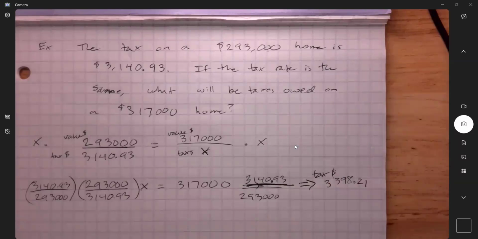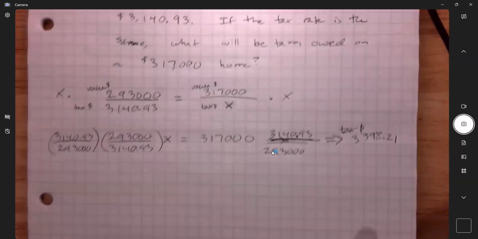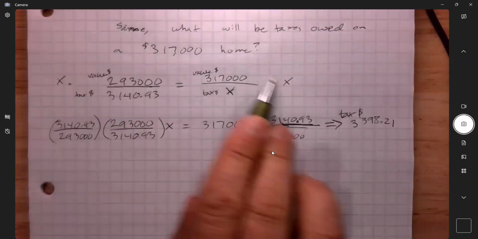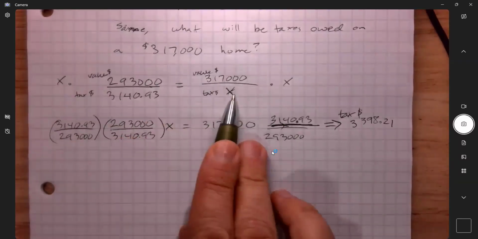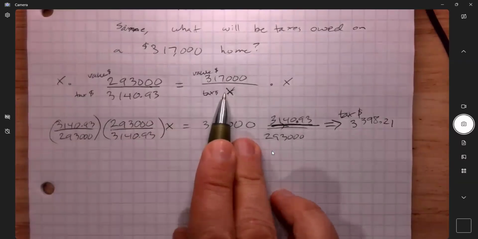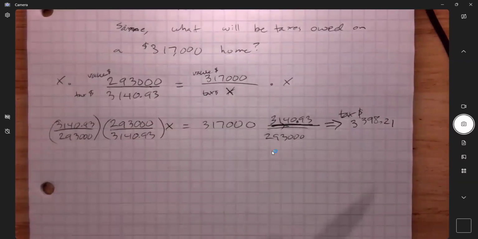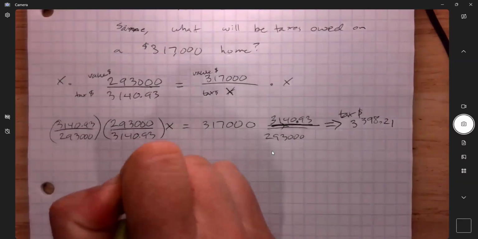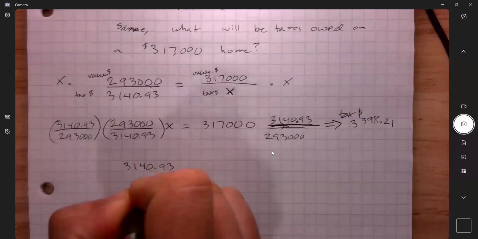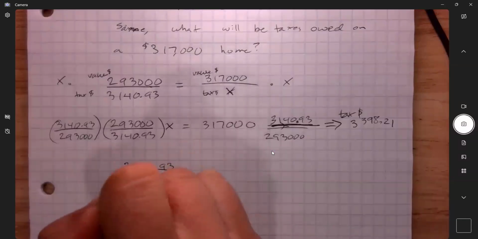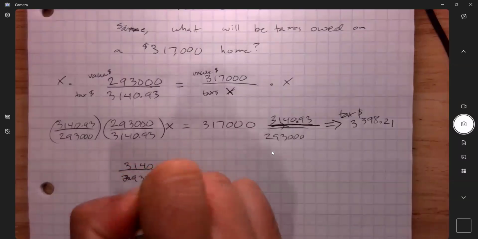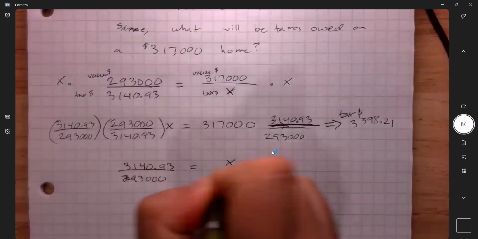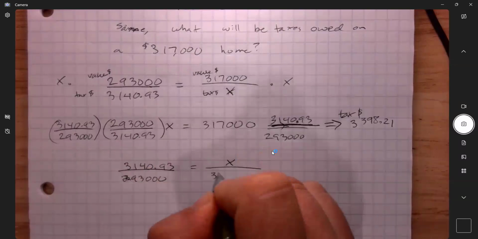Usually when I set up a proportion, if I'm not thinking through it very carefully, I end up with this formulation where my variable is stuck in a denominator. And it would be a lot easier if I changed it. If I did something like, let me put the tax on the top and the house value on the bottom, because that allows me to put my variable on the top.